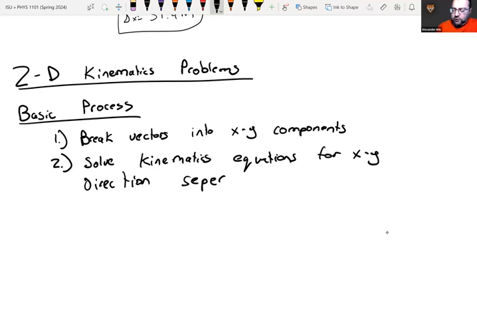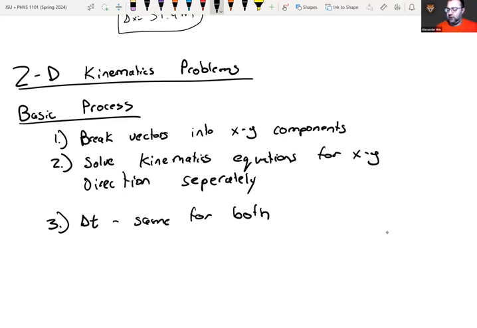Now, in general, those quantities in the x and y direction are not affected by one another. Now, there is an exception. The delta t quantity should be the same for both directions.